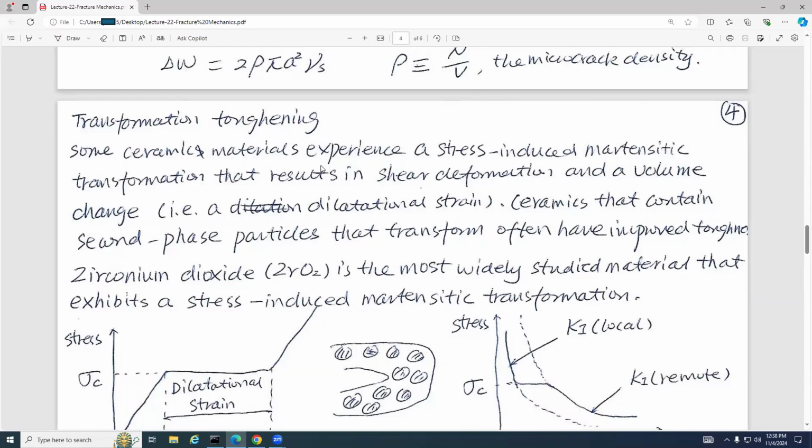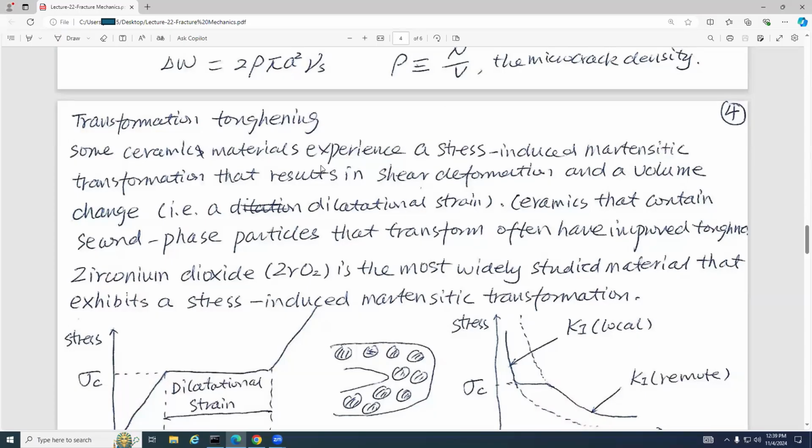The volume changes usually result in cracks, because we know the mass is conserved in any reaction or transformation. Do you guys agree? If the mass is conserved, however, the density changes. The density of different phases is different. If there is a phase transformation, then definitely you will have a volume change, and the volume change usually results in cracks.